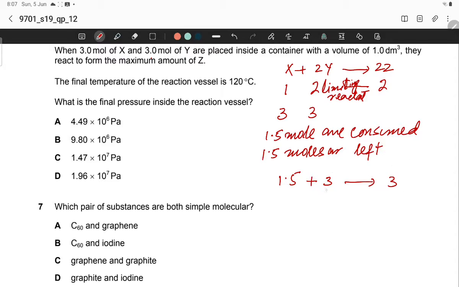So if Y is 3 moles, then Z will definitely be 3 moles. So this is X mole, this is Y mole, and this is Z mole.